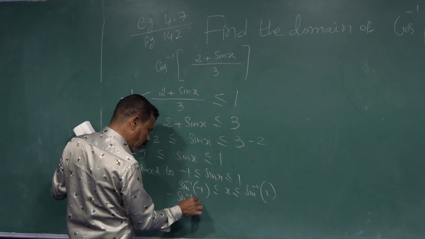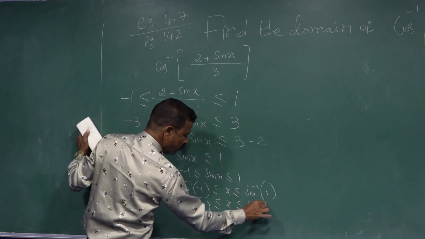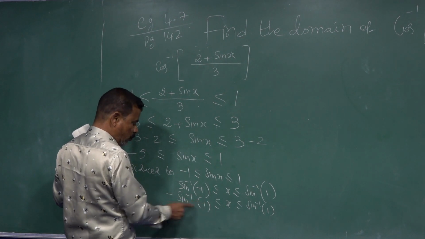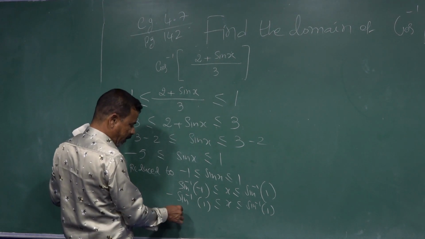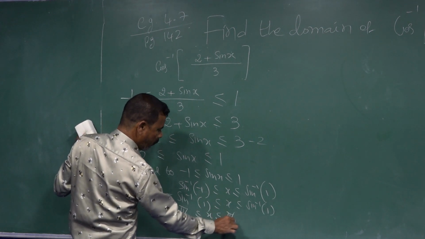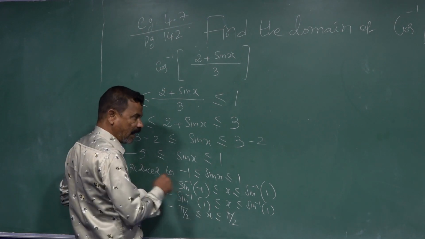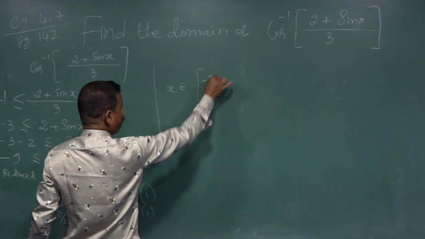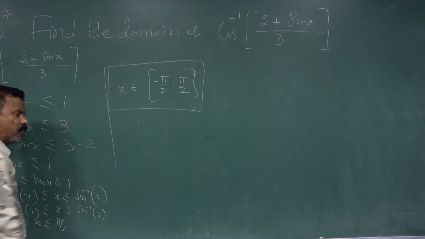Otherwise write like this: minus sin inverse 1 is less than or equal to x less than or equal to sin inverse 1. So sin of which value gives 1? Sin 90. So this value is 90. This value is also 90, and minus 90. In radians, minus π/2 less than or equal to x less than or equal to π/2. X lies between minus 90 to plus 90. It is correct. So x belongs to [minus π/2, π/2]. This is the domain.